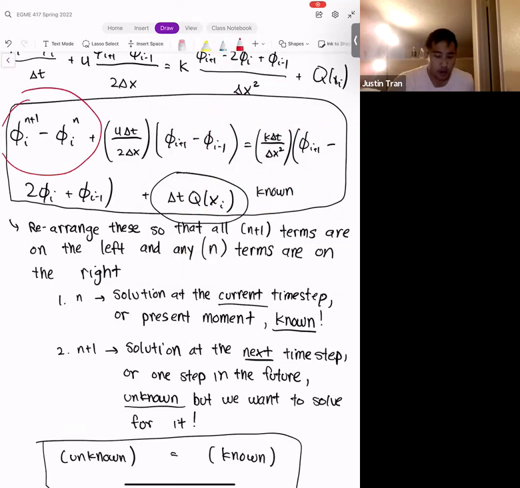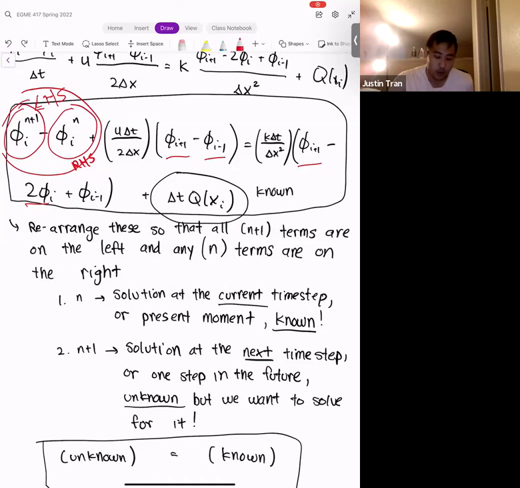So we can say right away that this phi i n plus 1 is going to end up on the left-hand side of the equation, whereas the one that just has a time step n is going to end up on the right-hand side. We already know the source term, so we don't have to worry about that. But we have all the other phi terms to worry about: phi i, i plus 1, i minus 1. We basically have these 5 terms right here.